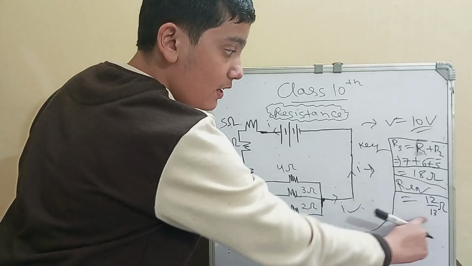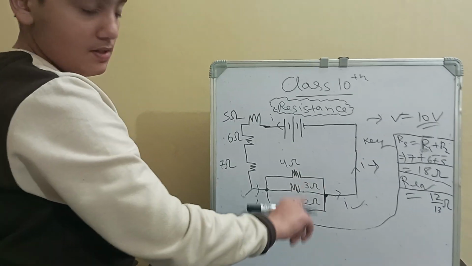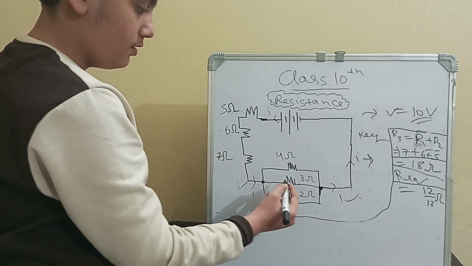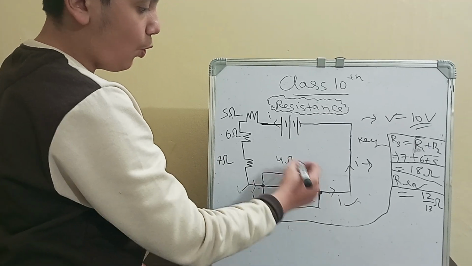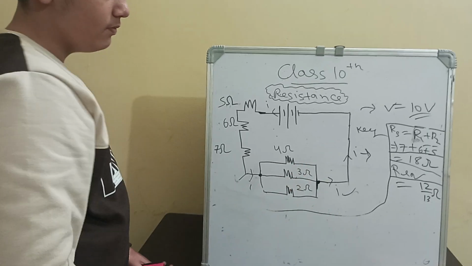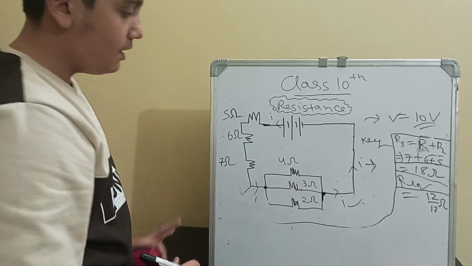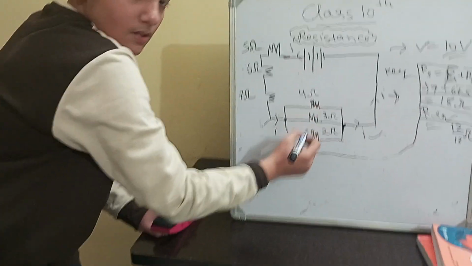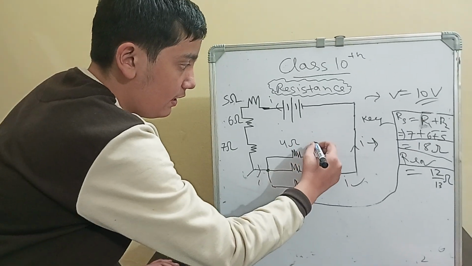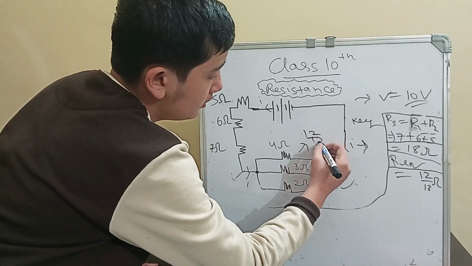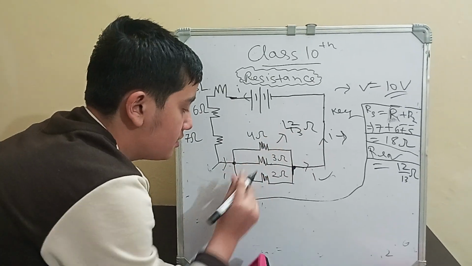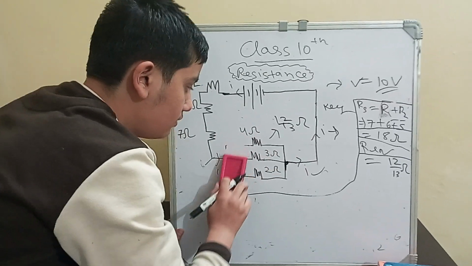When you got the value of the parallel resistors, the resistance offered by these resistors, you can treat this whole resistance as one. Didn't understand? No worry. See, there were 3 parallel resistors and their equivalent value was 12 upon 13, right? So when we know the equivalent resistance, can't we erase this from the setup?